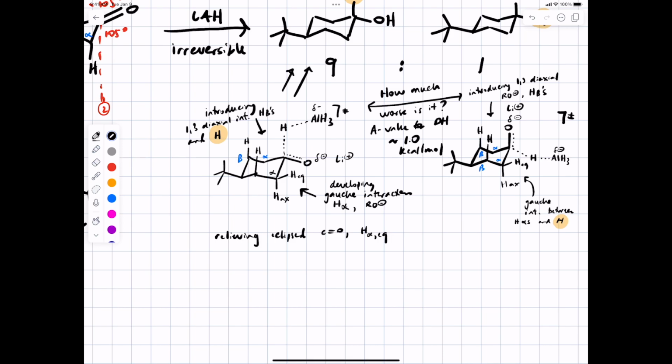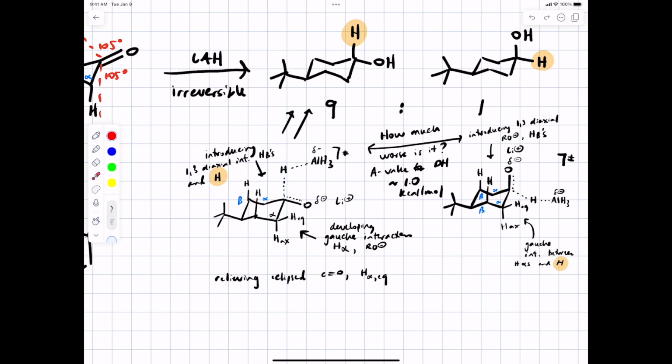So it would be a reasonable estimate to suggest that this transition state over here is perhaps as much as a kcal per mole higher in energy than this transition state here. Now, what magic number equals 10? 1.36, a factor of 10.